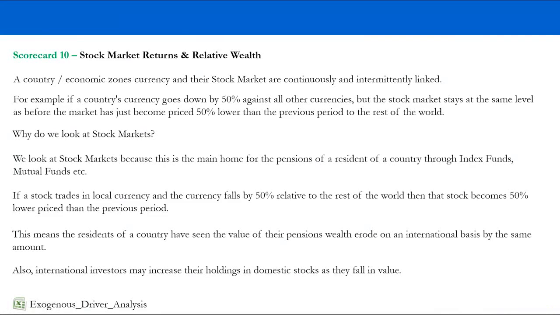What we're going to look at now is the Australian stock market priced in US dollar terms. So what we'll be looking at when we do that is we're going to be looking at the stock market returns of the Australian Securities Exchange, the ASE, priced in US dollars.